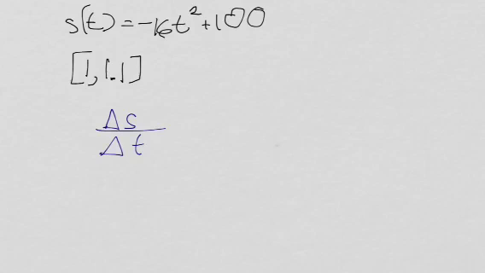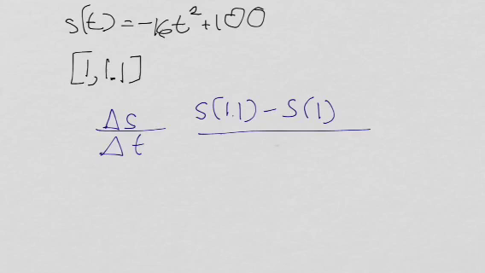So we have s of the final time minus s of the initial time, all over the final time minus the initial time.